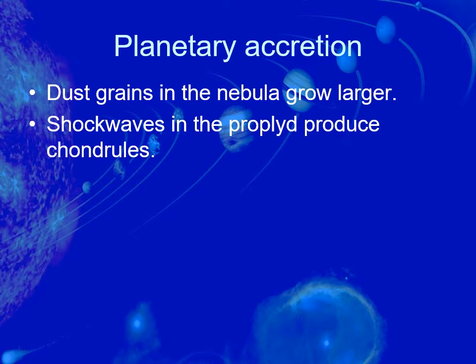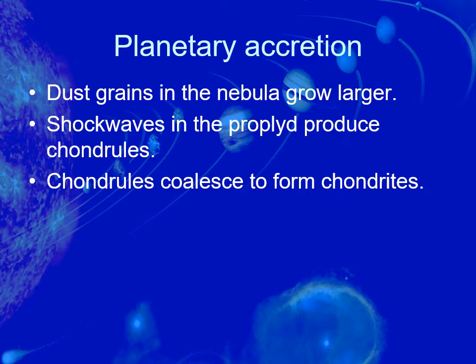As the young star, the sun, starts settling down, disturbances and random processes, turbulence in the planetoid, send shock waves through it that compress things and make little droplets that we call chondrules. These are little liquid droplets that can stick together. The chondrules will actually stick together and make a rock that we call chondrite.